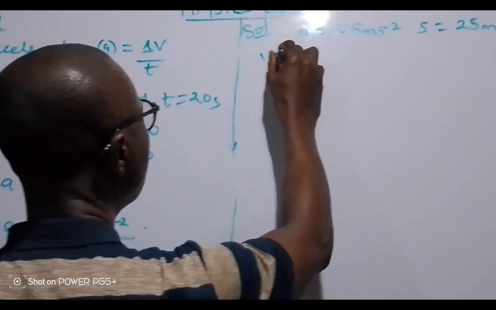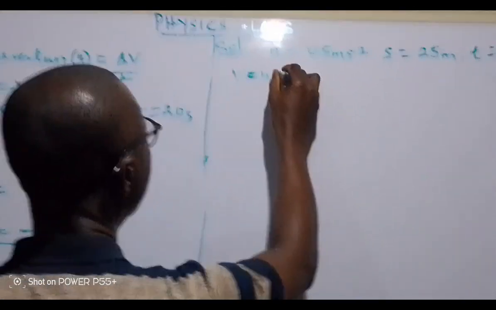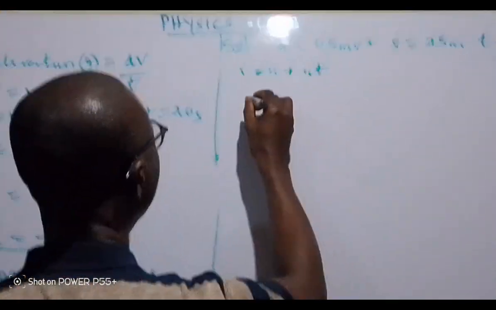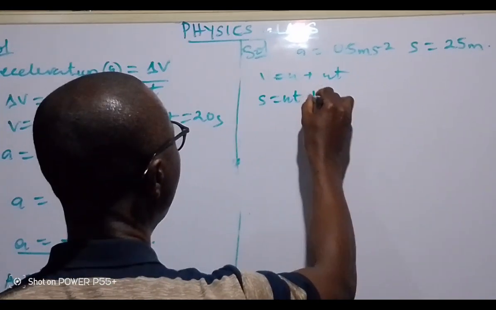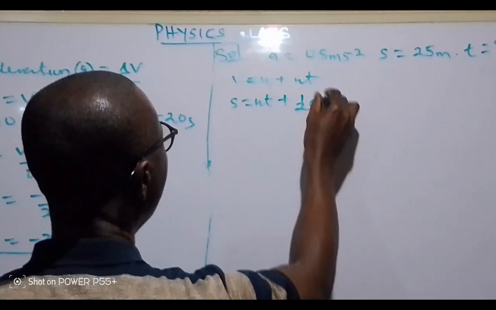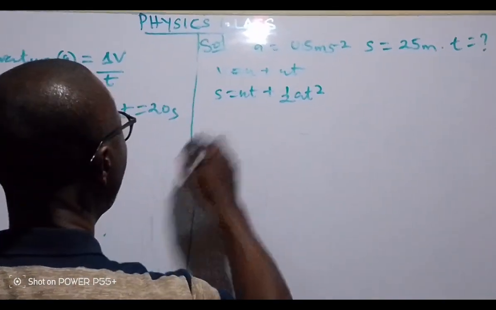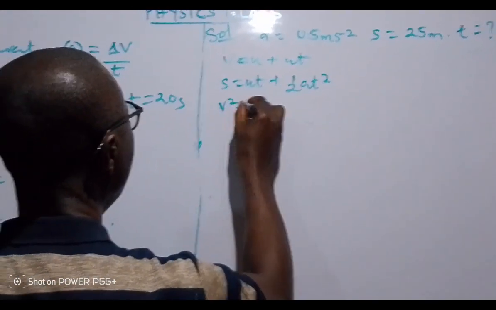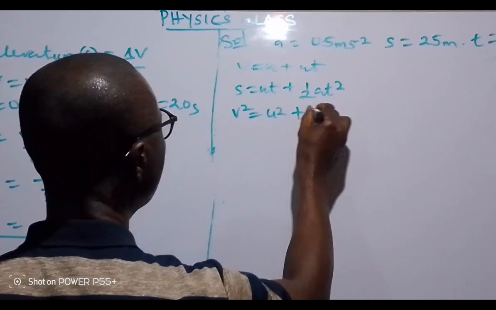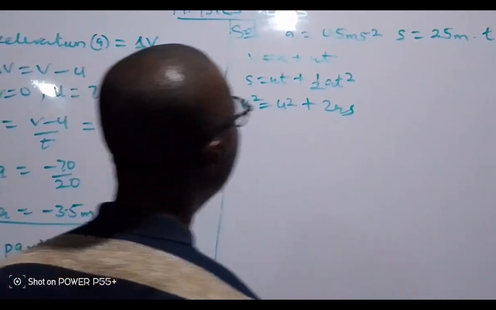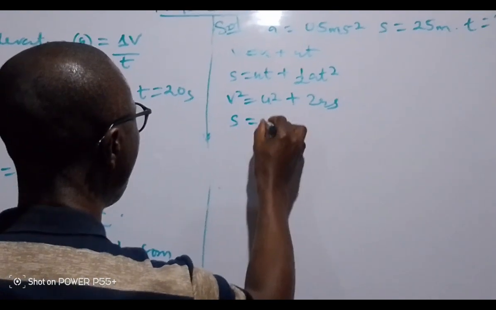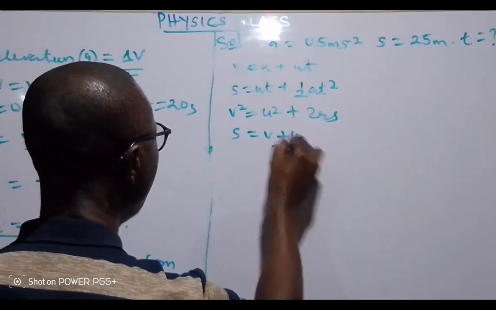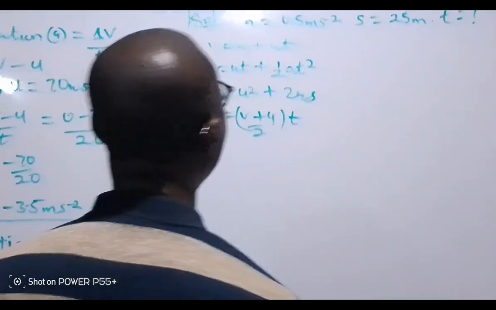Equation 2: s is equal to ut plus half at squared. Equation 3: v squared is equal to u squared plus 2as. And if you like, you can write the additional one: s is equal to (v plus u) over 2 times t. Let's now analyze and see which one is suitable to solve this question.